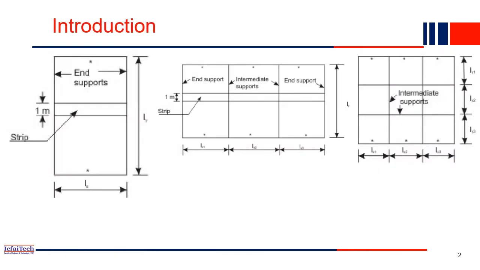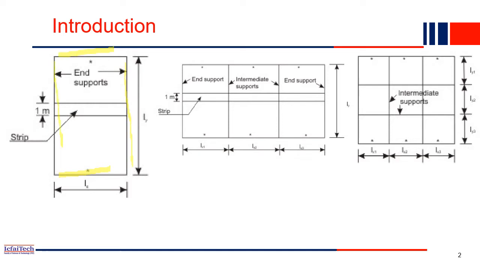So let's get started. Before we start slab design, let's understand the different types of slab. Consider a simple slab where four beams are there: one beam here, another beam, this vertical beam, and another beam.